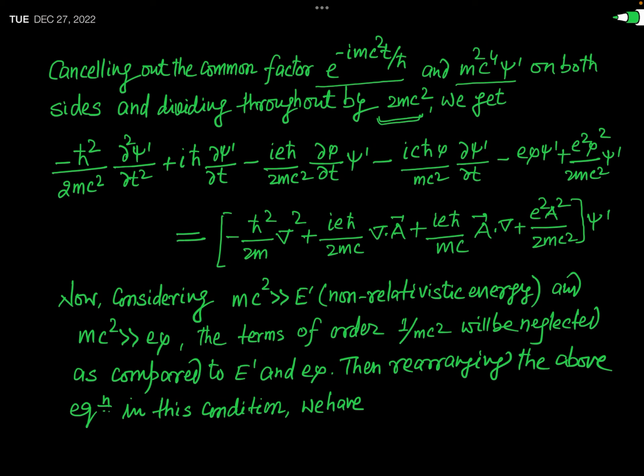So doing all these algebraic steps, you will get this result. This result will be minus ħ²/2mc² ∂²ψ'/∂t² plus iħ ∂ψ'/∂t.